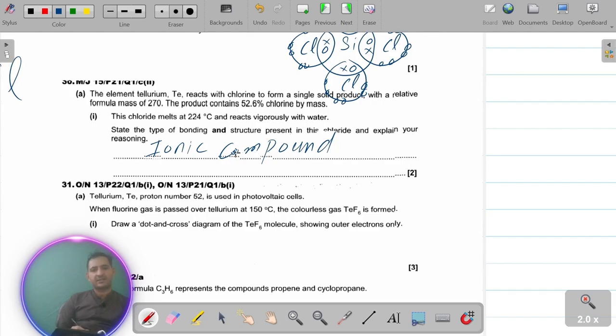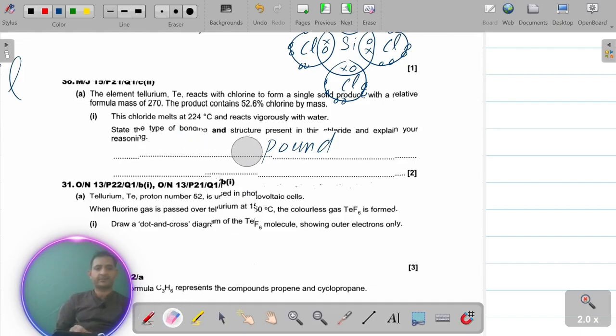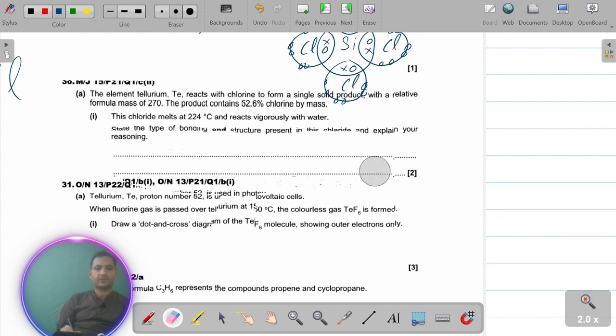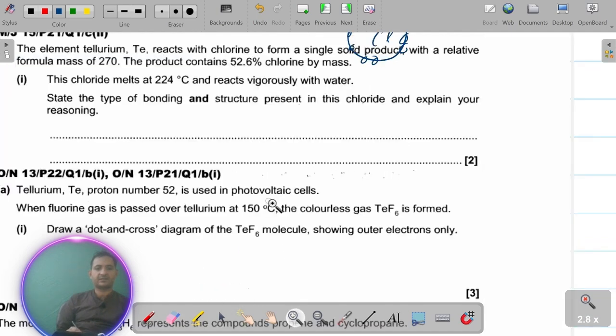I think I am writing that the melting point is 224. Is it very high or is it low? It's a low melting point. An ionic compound, for example NaCl, has a melting point of 801, which is very high. So this is covalent in nature, not ionic. Let me just rearrange this area. So low melting point, it is covalent in nature, covalent bonding.